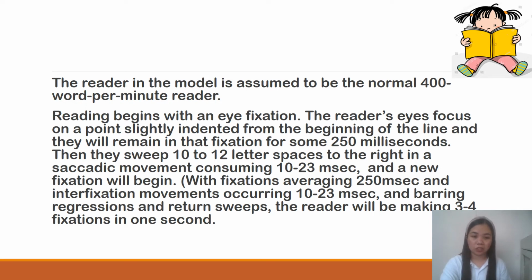Then the eye sweeps 10 to 12 letter spaces to the right in a saccadic movement consuming 10 to 23 msec, and a new fixation begins. With fixations averaging 250 msec and interfixation movements occurring 10 to 23 msec, and barring regressions and return sweeps, the reader will be making 3 to 4 fixations in 1 second.